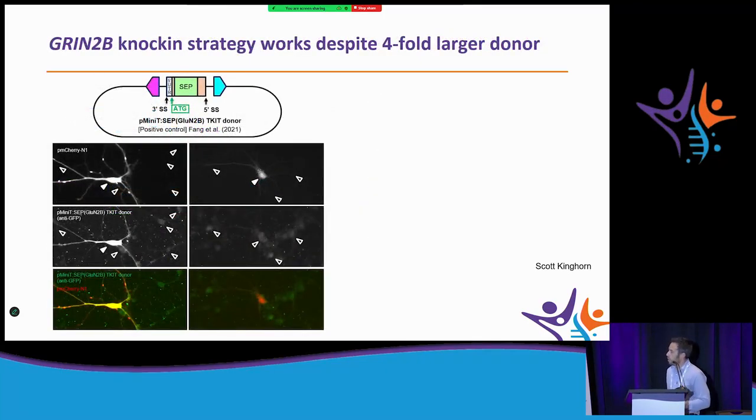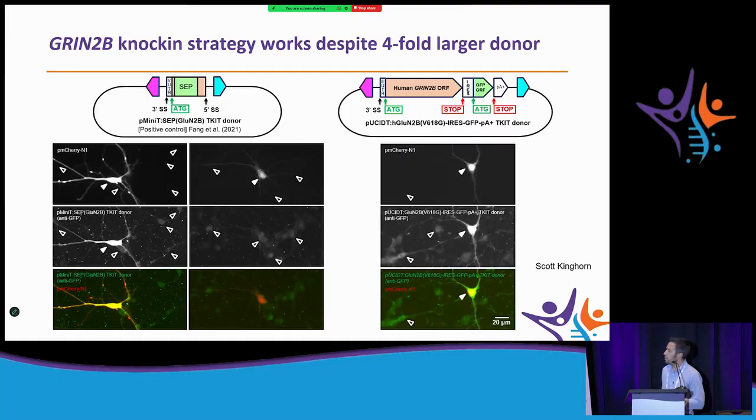So we first checked this with the construct which Rick Huganier had used, this T-kit system, to introduce a SET tag, and we checked that we can also see the SET tag included in the receptors, and indeed it works for a good proportion of the cells that are transfected, co-transfected with mCherry.